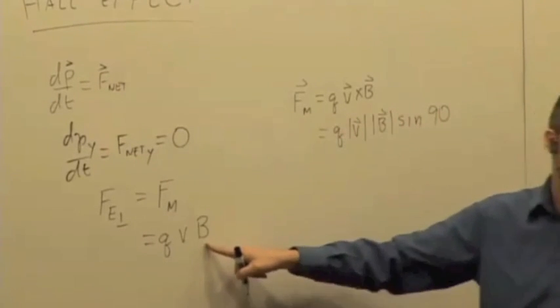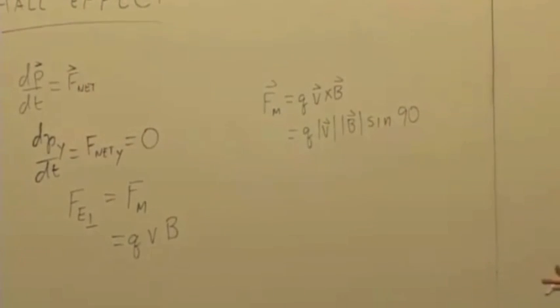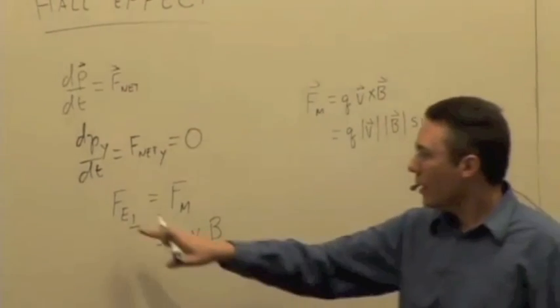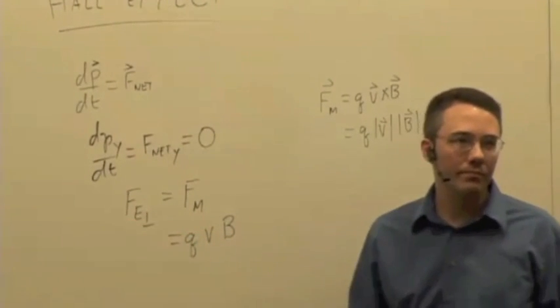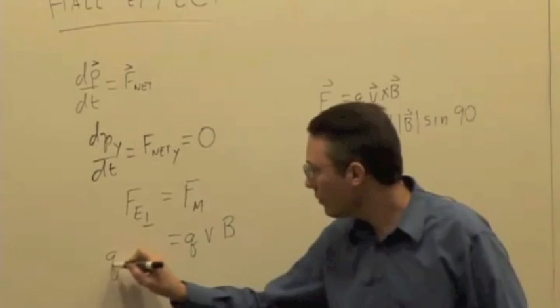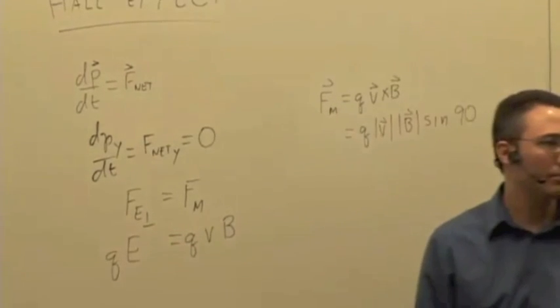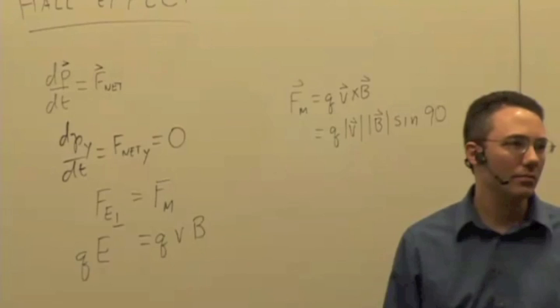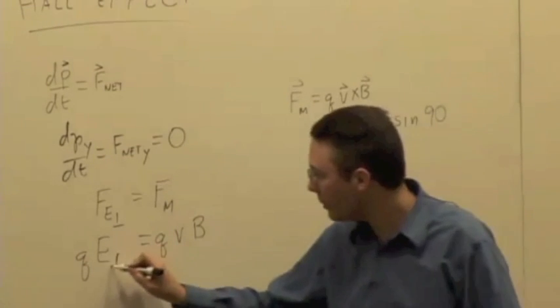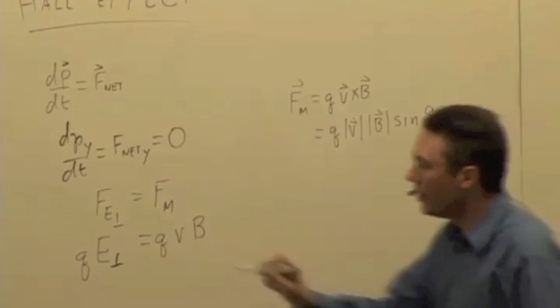So we're getting closer because we now have a B in this equation, which should have some relationship to the magnetic dipole moment. What's the electric force? QE. Which E? Perpendicular, not the parallel. It's the perpendicular one, right? E perpendicular. So the Q's cancel out.